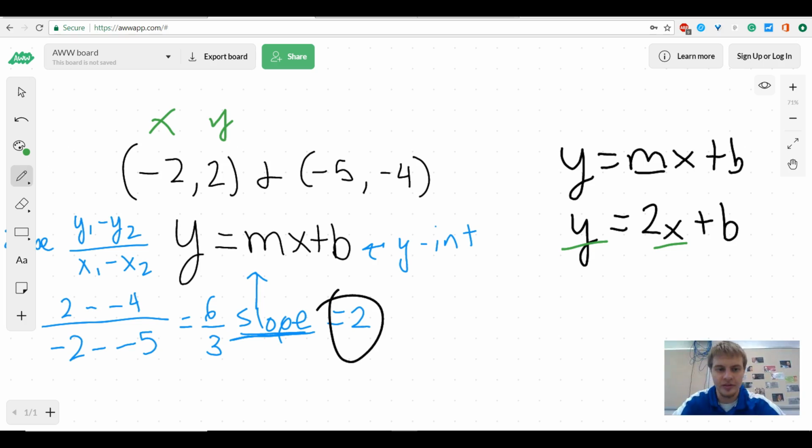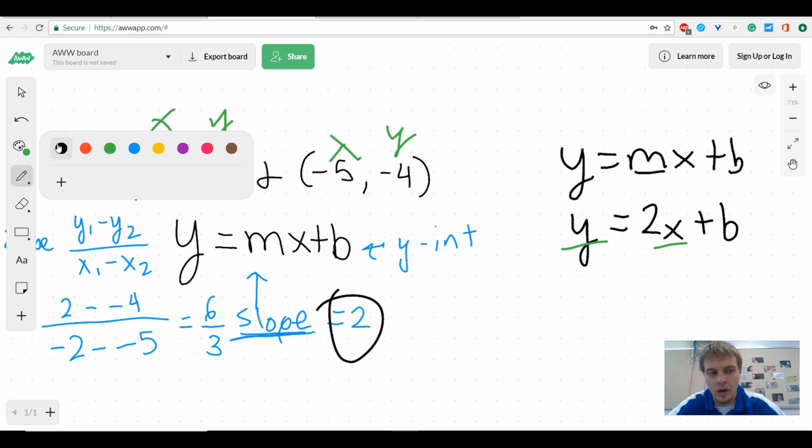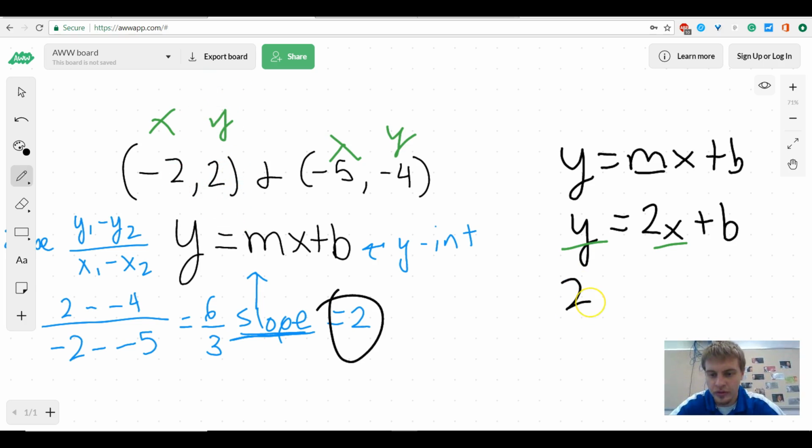You could use either of the 2 points. Normally I use the first point just because it makes it a little bit easier. All we're going to do is replace your y with what you know. We know our y is 2, so I'll write that down. Then I'll replace my x with what I know, which is negative 2.